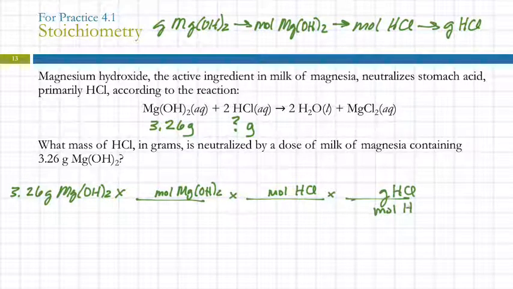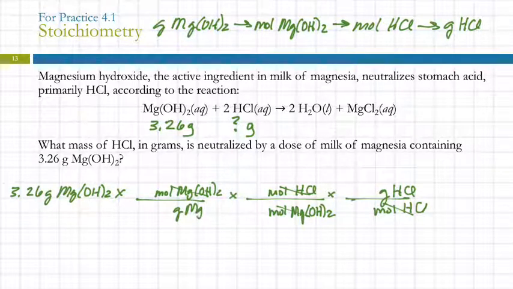So moles of HCl come down here, and moles of magnesium hydroxide, and grams. All the units. The units then tell us where to put the numbers.